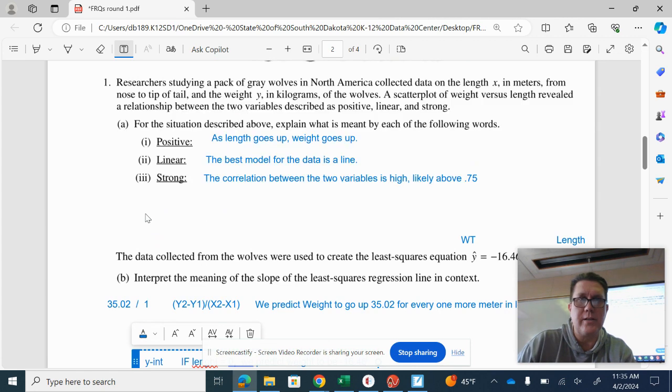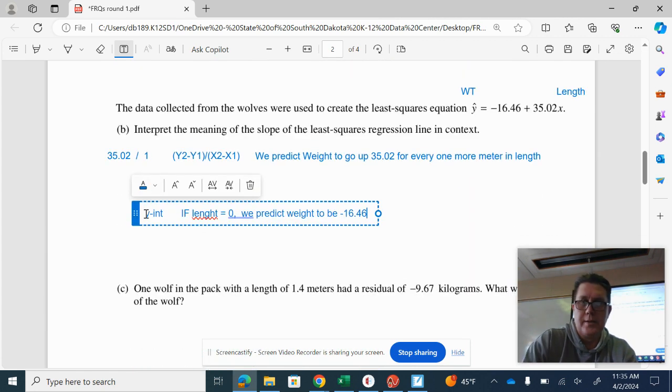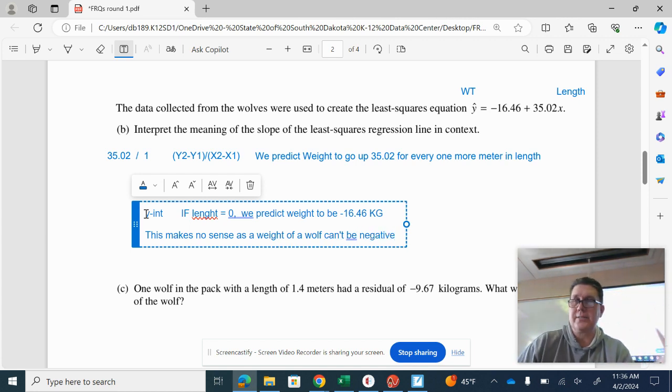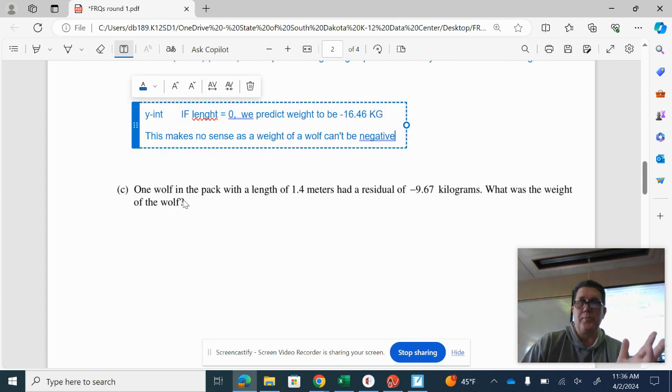I suppose these are kilograms again. Yep. Kilograms. Okay. Now, this makes no sense as a weight of a wolf can't be negative. So if they do ask you to interpret the y-intercept, you remember it's simply putting 0 in for x, so then talk it through. But in both the x and the y-intercept, use the words we predict.